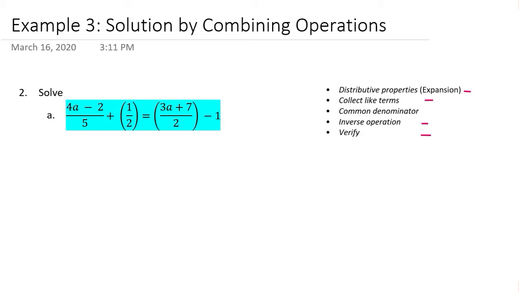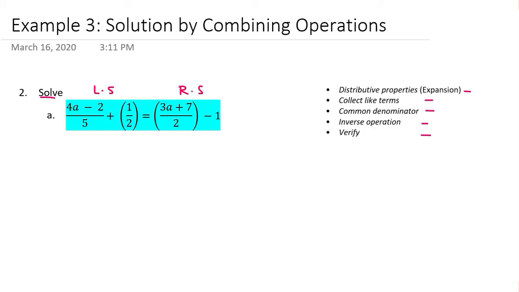So here we're going to add our final piece of the puzzle, which is called the common denominator. If you're given fractions, like in this question 2 where you're asked to solve, we see that there are fractions not only on the left side of the equation but also on the right side.